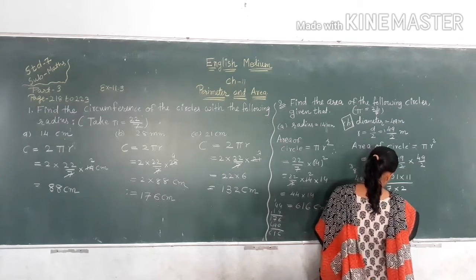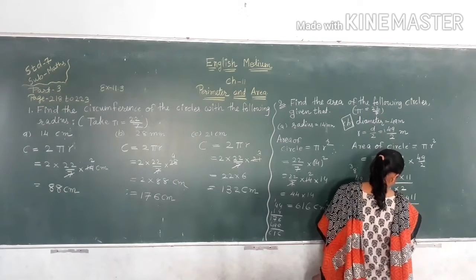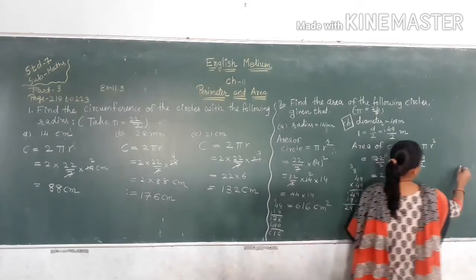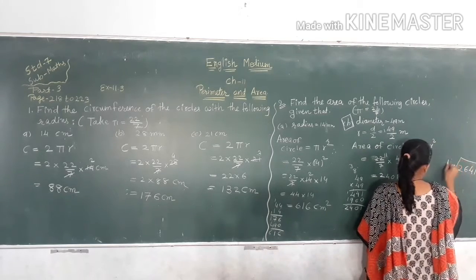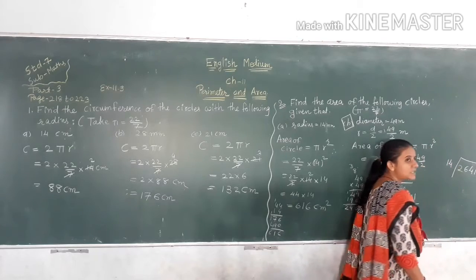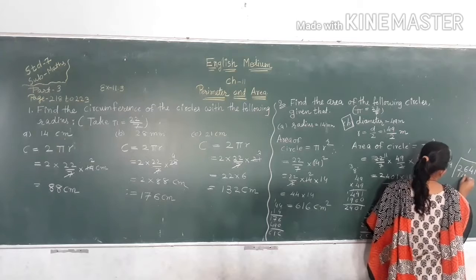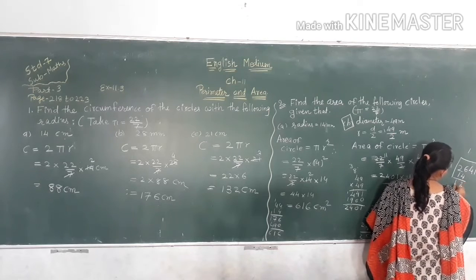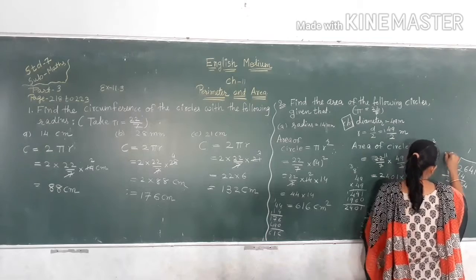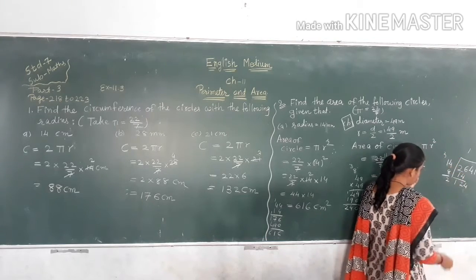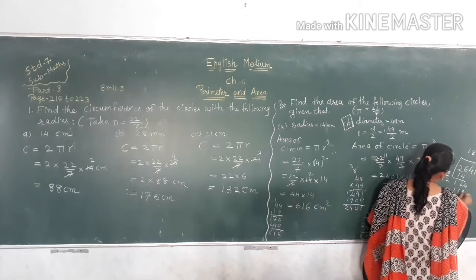Here 26411 out of 14. Now 26411 divided by 14. 14 ones are 14, then 1 left, 4 down. 14 eights are 112.